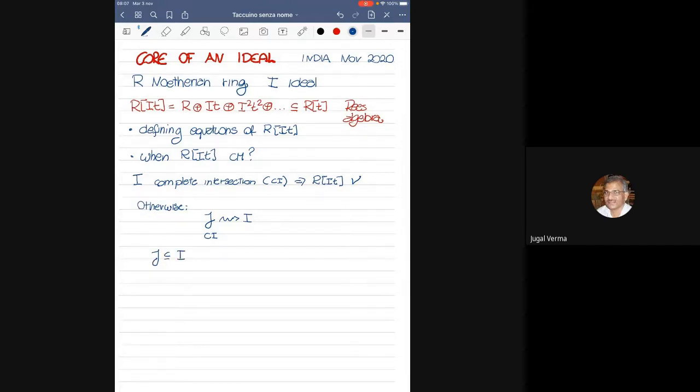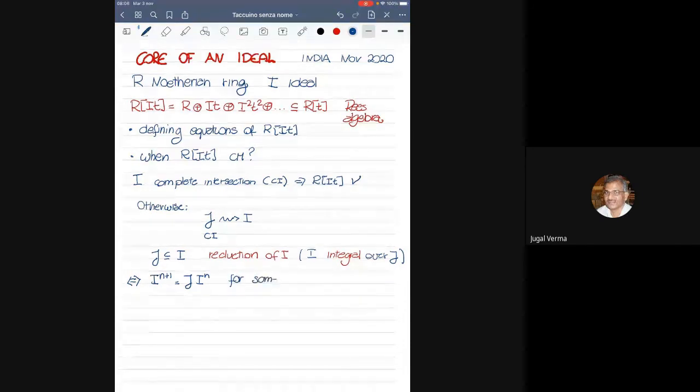So we take J containing I. J is called a reduction of I, or you can also say that I is integral over J, if and only if I to the n plus 1 is equal to J times I to the n for some n bigger than or equal to 0, and actually for every n large enough. So asymptotically, this has to hold.